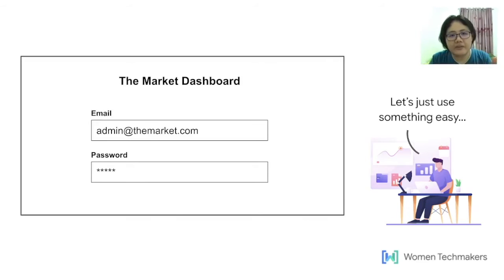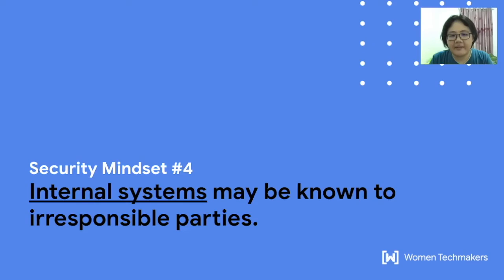If it is also used in production, it may cause some unexpected things, and this irresponsible party can do real damage to your system. And this is the last thing to remember: internal systems may be known to irresponsible parties. So you have to anticipate that and treat it as you would a user-facing application.